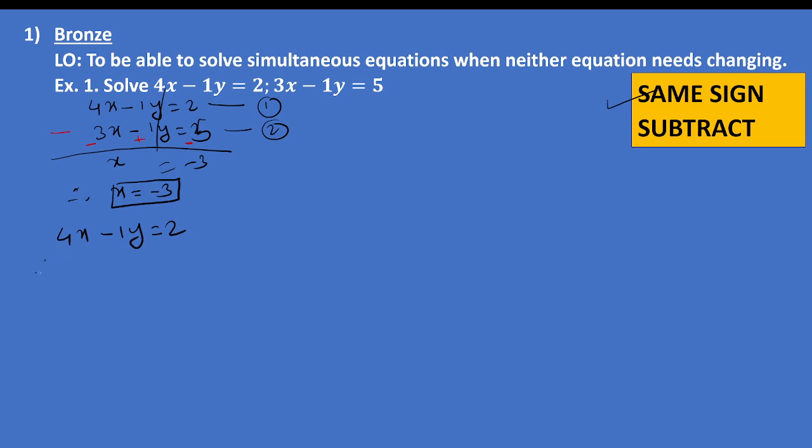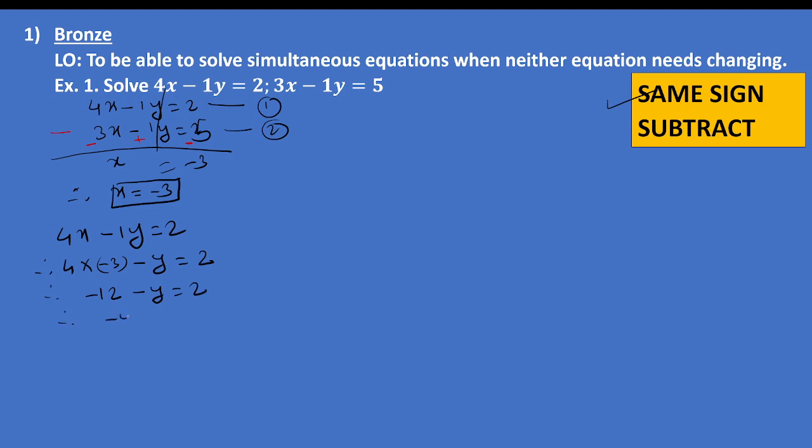So when we put the value, it is 4 into minus 3. Here I'm changing the x variable by minus 3. Now it is minus y equals to 2. Now it is coming out to be minus 12 minus y equals to 2.